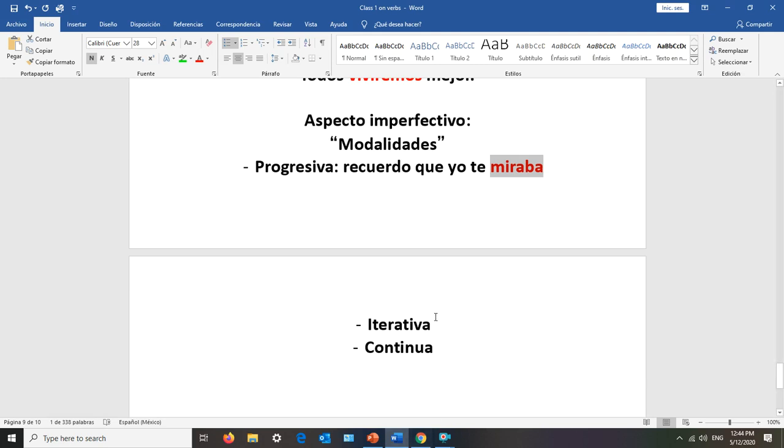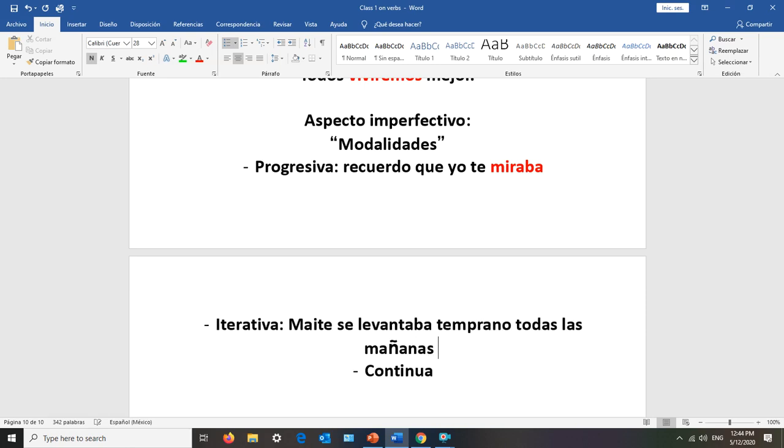Now, iterativa, an example sentence being Maite se levantaba temprano todas las mañanas para ir al colegio. Levantaba, se levantaba. An example of a form with imperfective aspect, modalidad iterativa, because it makes reference to a series of situations that repeat, in a specific period of time.